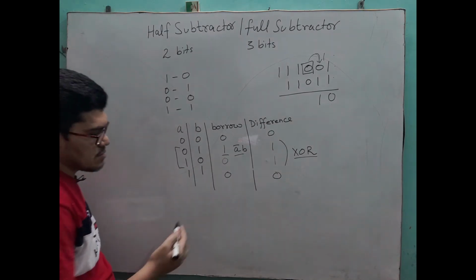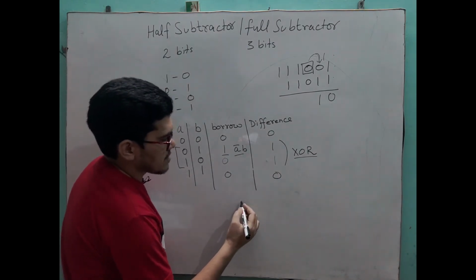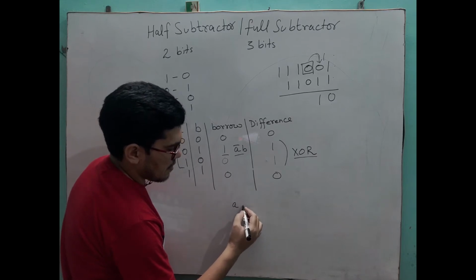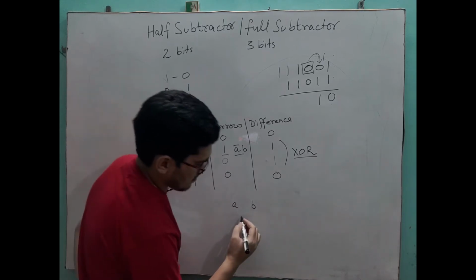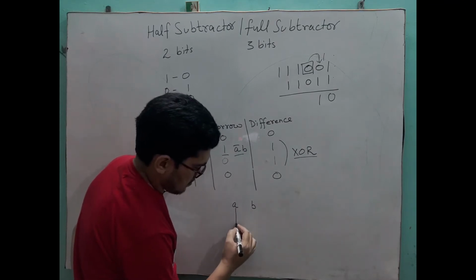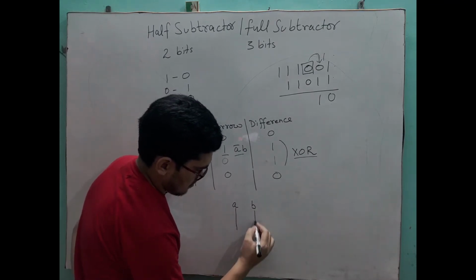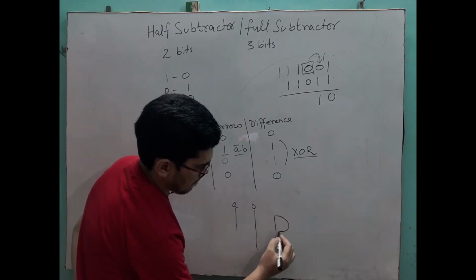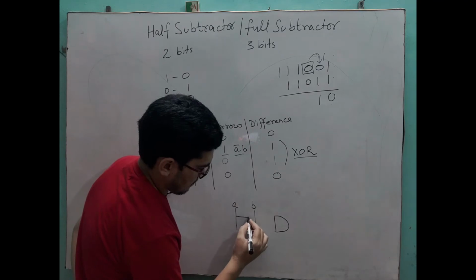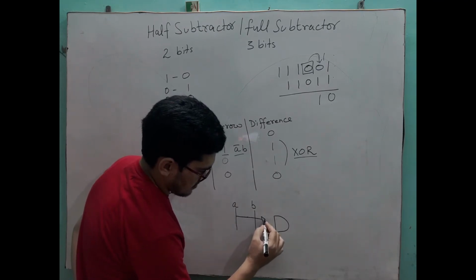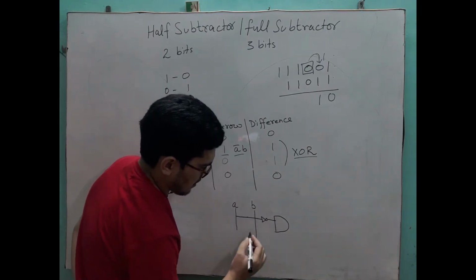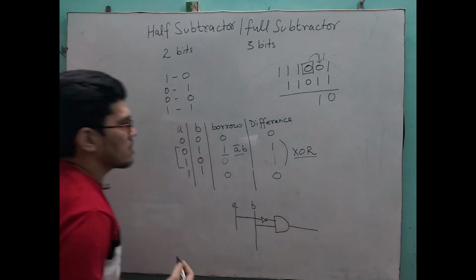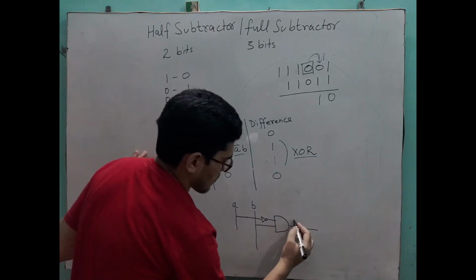So now let us make the circuit diagram. A, B, this is A bar B. So this gate will give us borrow.